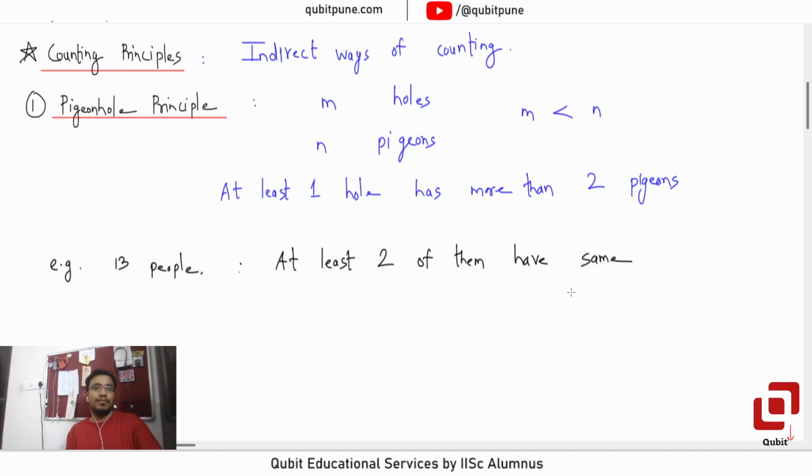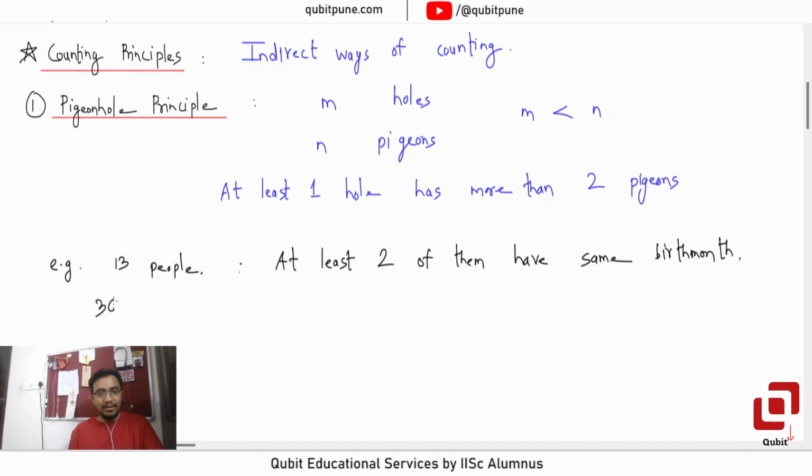Why? Because the number of months is 12, and with 13 people, two people have to have the same birth month. Have you understood this? It has to be there. We don't know what month it will be and which two people will have the same birth month. It cannot always be exactly two, even multiple people can have the same birth month.